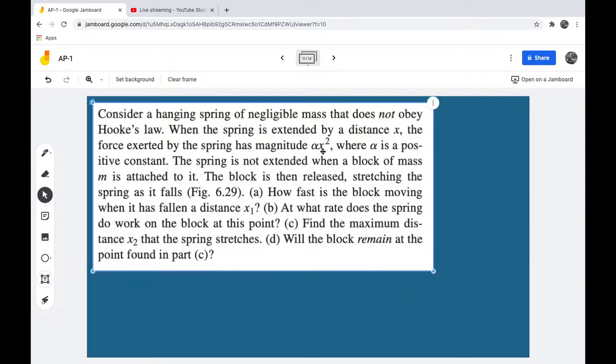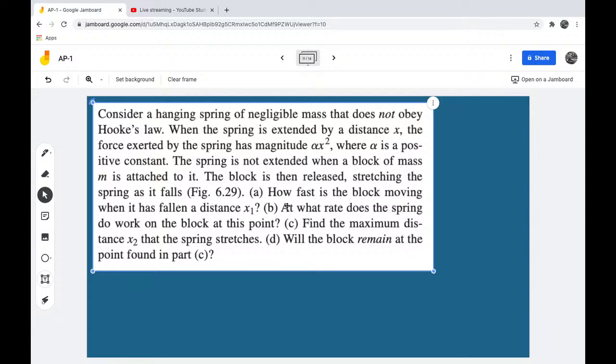So you can see that the force is not proportional to x, it is proportional to x square. Alpha is a positive constant. The spring is not extended when the block of mass m is attached to it. Then the block is released, stretching the spring as it falls.